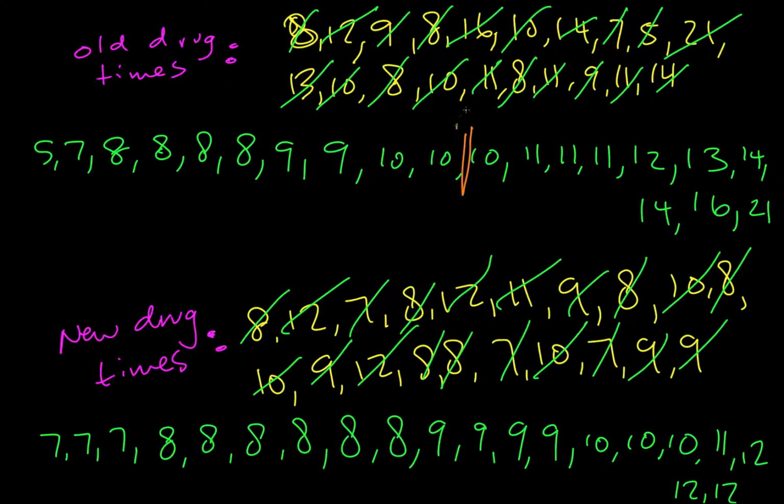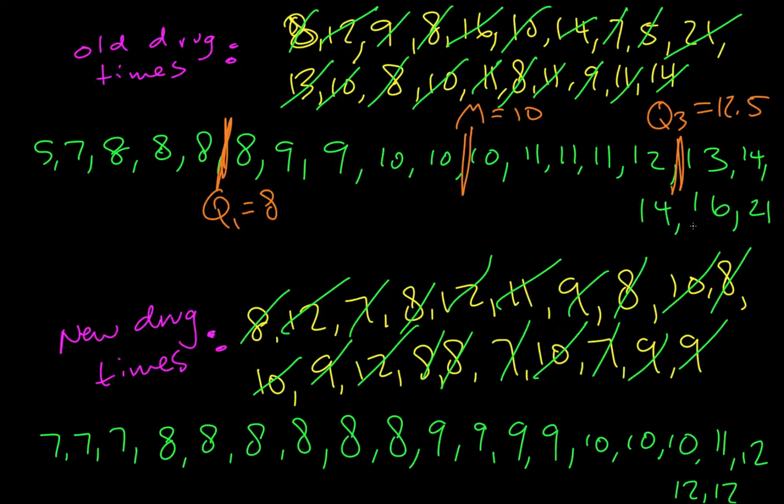So that's our median, which is 10. If we cut that in half, it's going to be 5. So our Q1 is equal to 8. And then 1, 2, 3, 4, 5. So our Q3 is equal to 12.5 because it's in between a 12 and a 13.